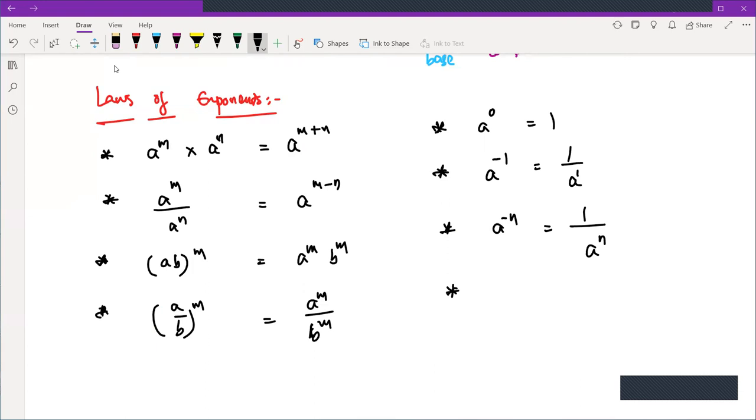Next, (a power m) whole to the power of n equal to a to the power of m into n. Then a power m equal to a power n if and only if m equal to n. So either is possible. If m equal to n, we can say a power m equal to a power n. Or if a power m equal to a power n, we can say that m equal to n.